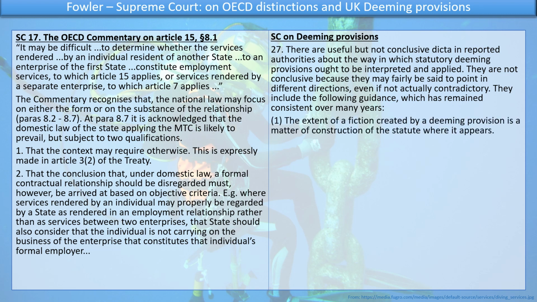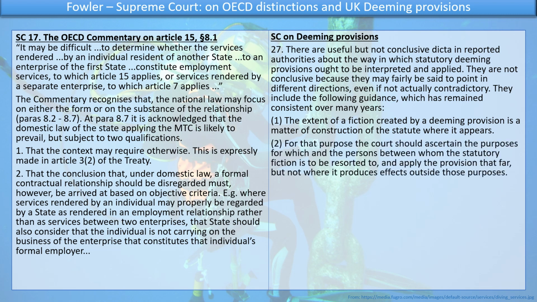And then they quote a number of guidance points. The extent of a fiction created by a deeming provision is a matter of construction of the statute where it appears. Makes sense. For that purpose, the court should also ascertain the purposes for which and the persons between whom the statutory fiction is to be resorted to, and apply the provisions that far, but not where it produces effects which are outside those purposes.